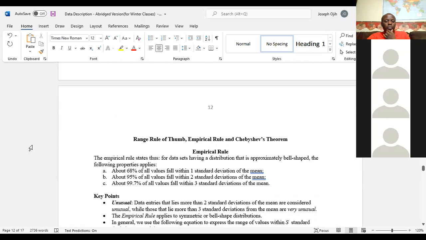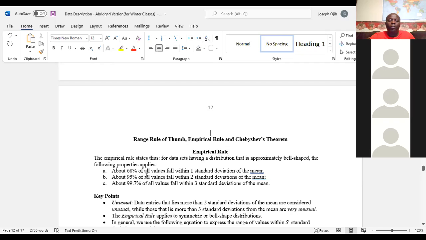Under the empirical rule, for any data set having a distribution that is bell-shaped, the following properties apply.